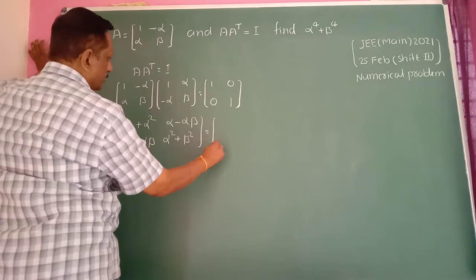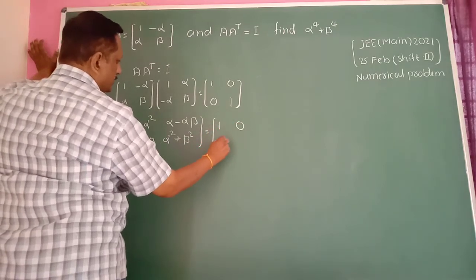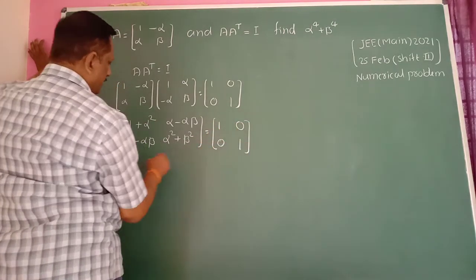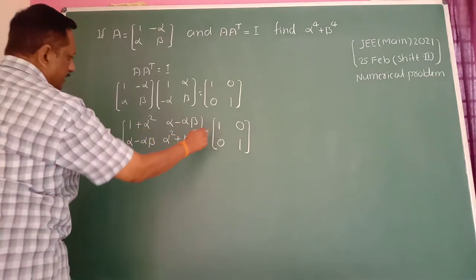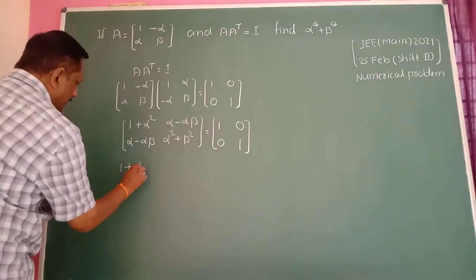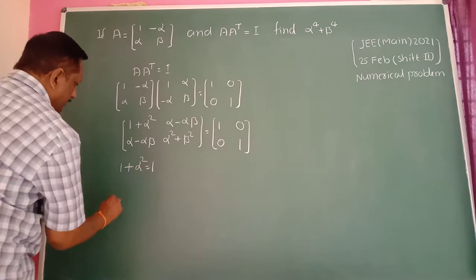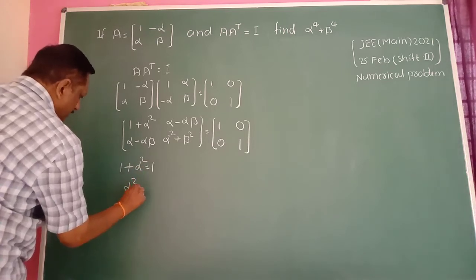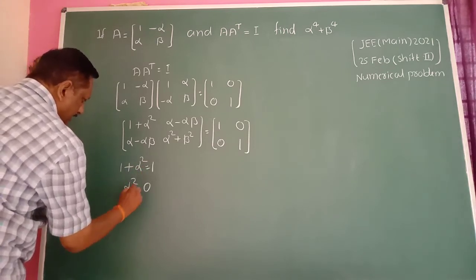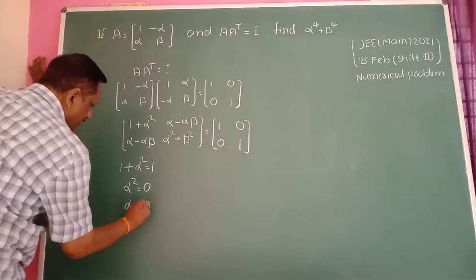That is equal to 1 0 0 and 1 here. Therefore 1 plus alpha square is equal to 1. Therefore alpha square is equal to 0, as 1 and 1 cancel. Therefore alpha becomes a 0.